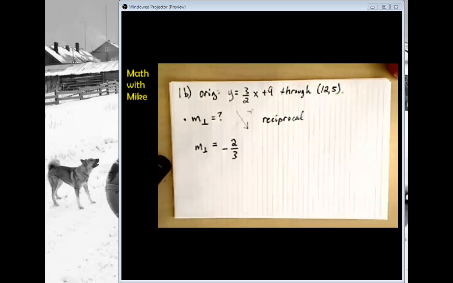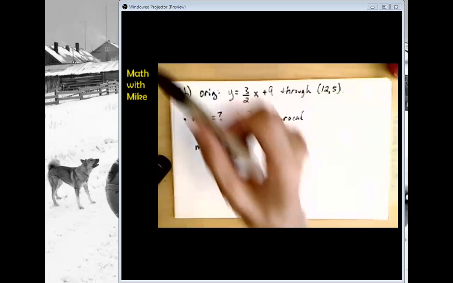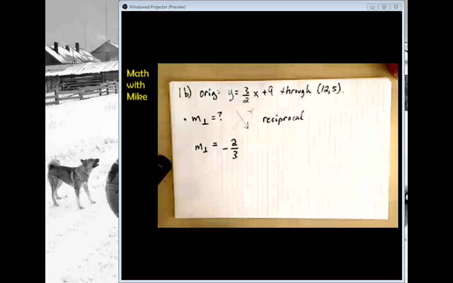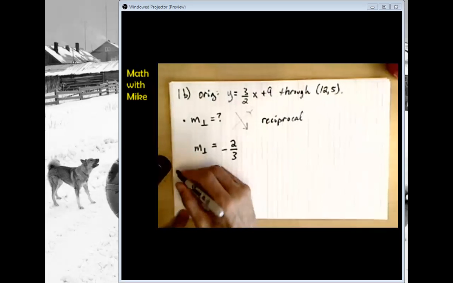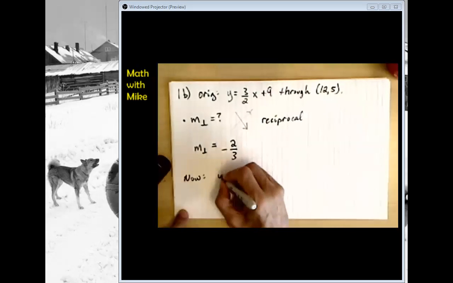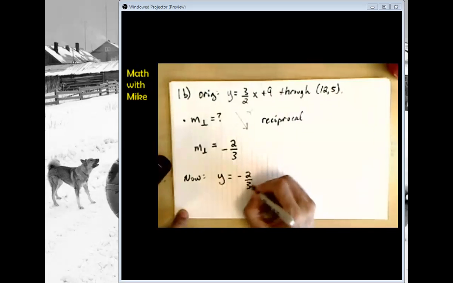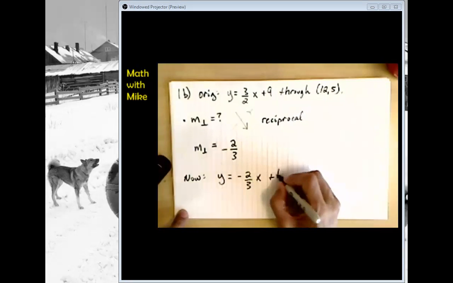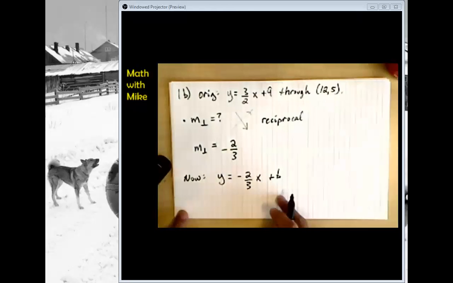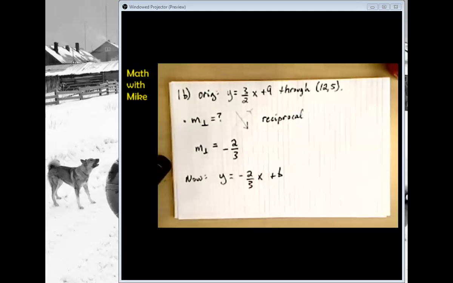Okay. Now we can update what we're going for. We have y is equal to minus 2 over 3x plus b. This is now for our perpendicular line here. Right?